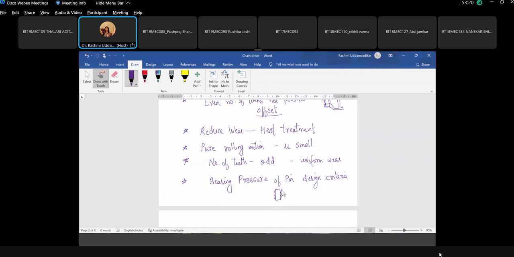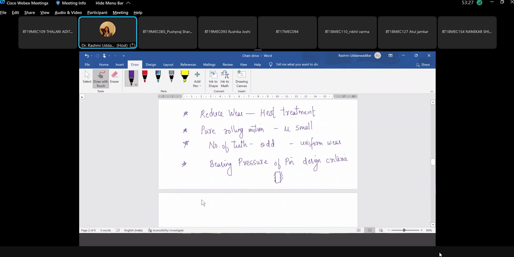As the bearing area reduces with wear and tear, if this bearing area of the pin is small, this will undergo more wear. For the same load, if the area is small, obviously the wear will go up.